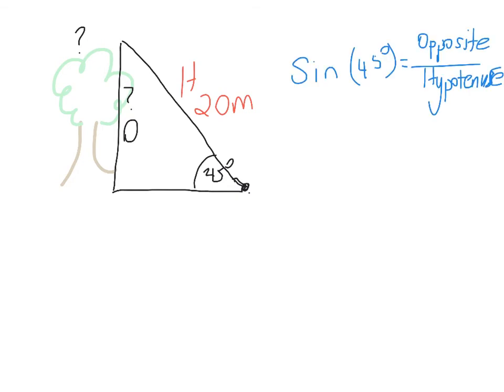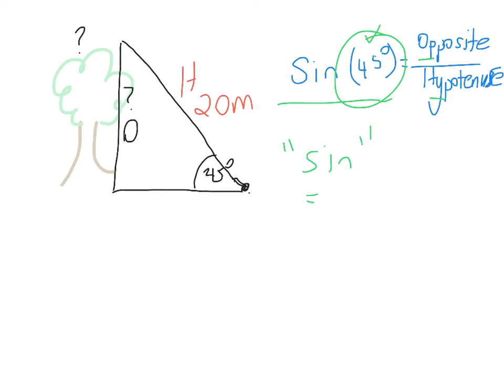We remember before sine: here we know it's 45 degrees, and the formula is opposite over hypotenuse. You're going to need your calculator here. In your calculator, type in 45 and then press the sine button.